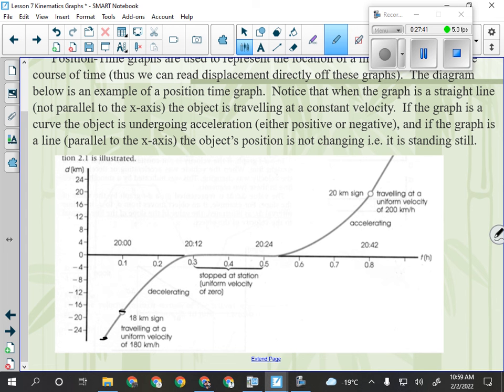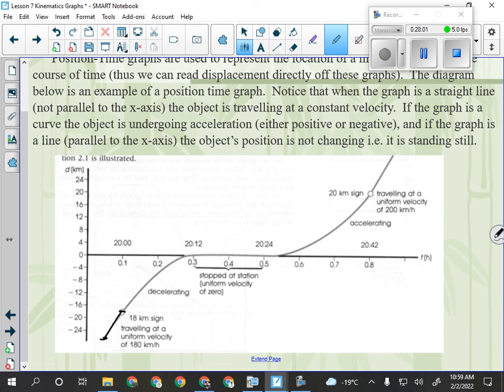analysis. Now, in what way is the position changing? If this line is straight, and it is, not after it's curved, but to here at least it's straight, does that mean the position is changing at a constant rate? It does.